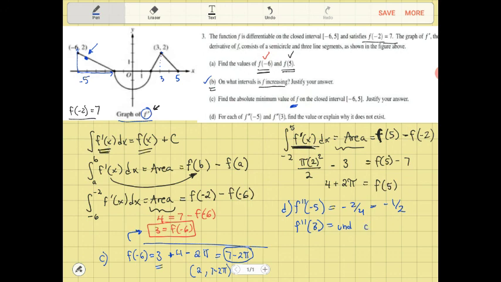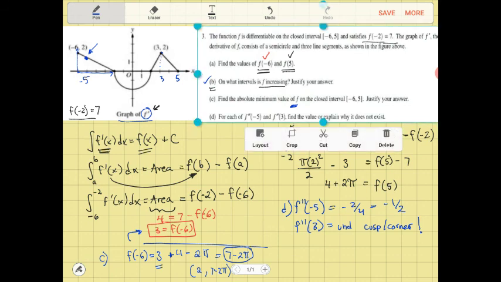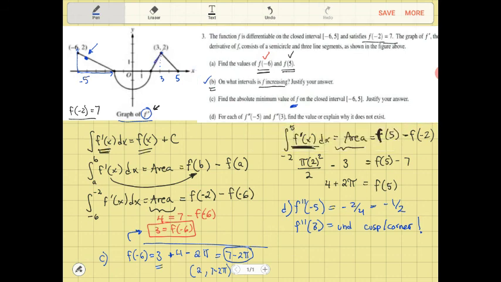Because this is a cusp or a corner. And so when you try to get the slope at this point, if you're coming from the left, the slope is going to be some positive number. If you're coming from the right, the slope is going to be some negative number. And so the derivative is not continuous at that point.